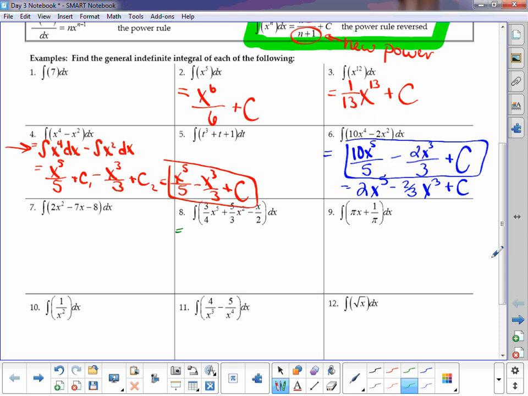Alright, so again, 3/4 is that coefficient hanging out. So my new exponent is x to the 6th divided by 6, plus 5/3 x cubed divided by 3, minus, and again you could write that as 1/2 x or x over 2. My new exponent, I'm going to write as 1/2 because I think that might be specific.